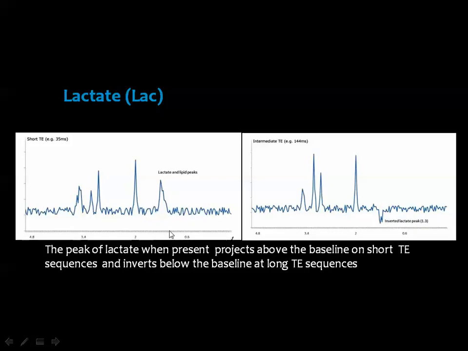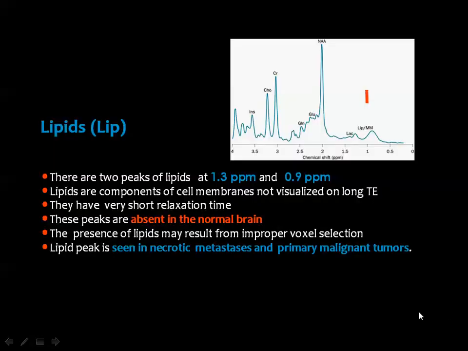And this is one of the characteristics that you are dealing with this peak, and you know that this is lactate because in a moment you'll see that there is another peak that will appear here at 1.4, which is the peak of alanine, which also has two apices, and it will be inverted in the long TE spectrum. But alanine is very specific for meningioma. Then you should have a way to discriminate both, as I will mention immediately.